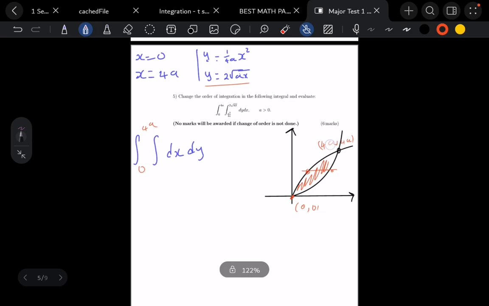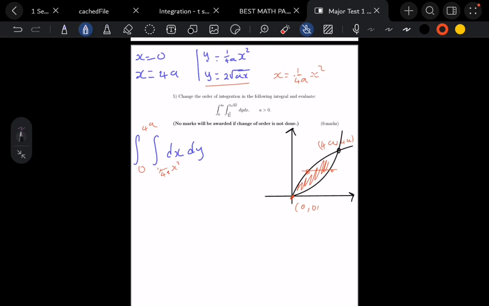So if we do that, I'm going to have y squared equals 1 over 4a x squared.